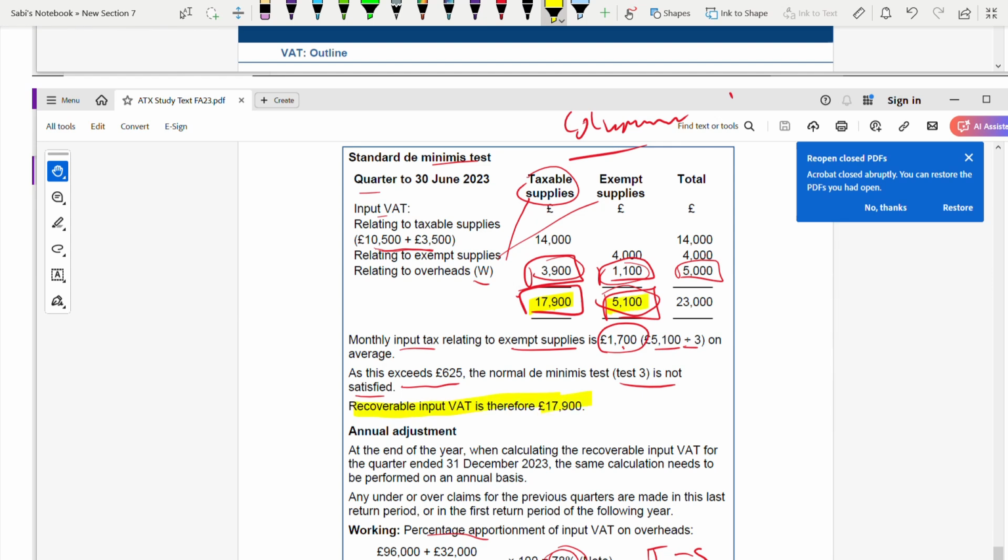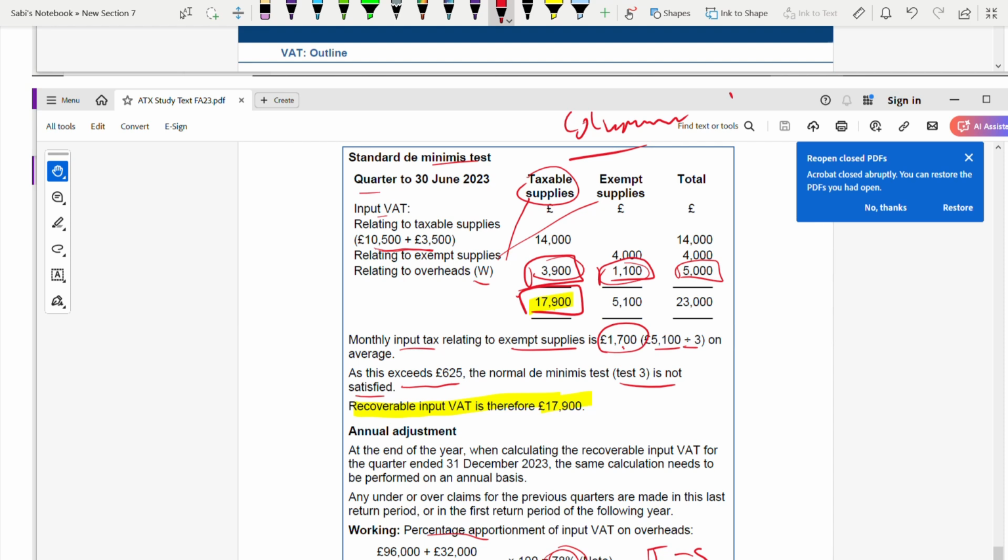You are not getting any portion of, let me highlight it in a different color, you're not getting any portion of 5,100. Nothing of the input VAT you have incurred for exempt supply are you going to recover, because you have not met any of the tests. So fully for taxable supply, 17,900 you are going to recover. Recoverable input VAT is 17,900.